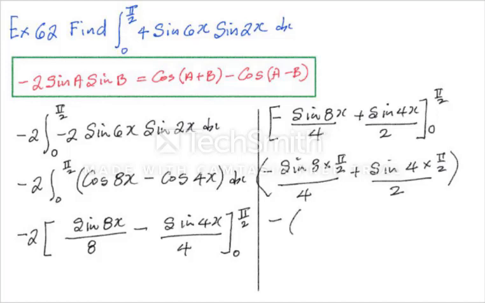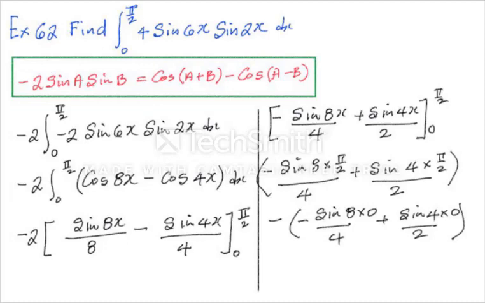Minus, and then now when x is 0, minus sine 8 times 0 over 4 plus sine 4 times 0 over 2.